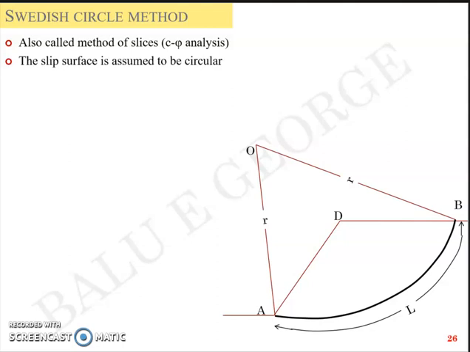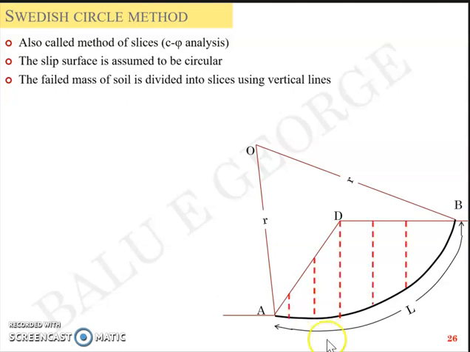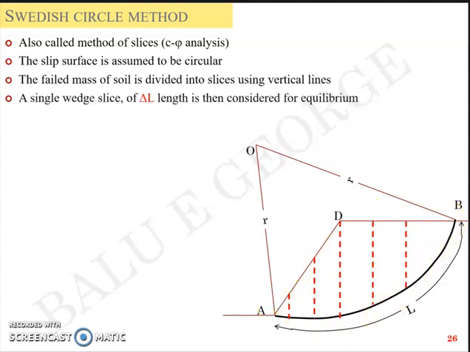Now, this failure mass, ADB, is divided into slices using vertical lines, right? So now I can cut the vertical lines like this, and I'm dividing the entire mass ADB into slices. Now, I can take a single slice out of that and have a delta L length, and I can consider the equilibrium of that slice.